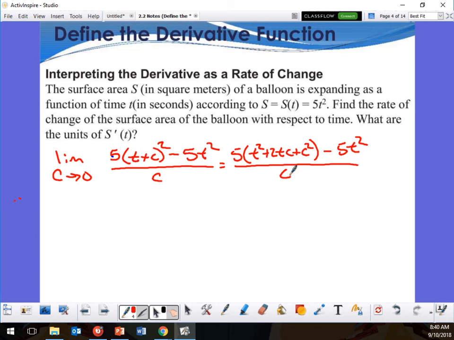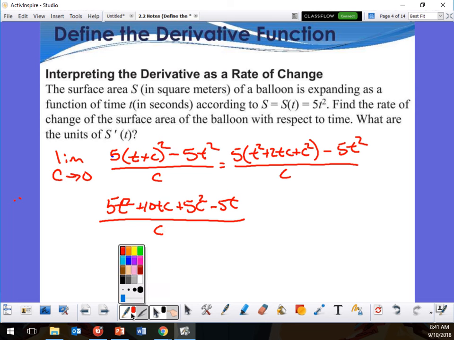All right, do my distribution. So it's going to be 5t squared plus 10tc plus 5c squared, minus 5t squared, all over c.